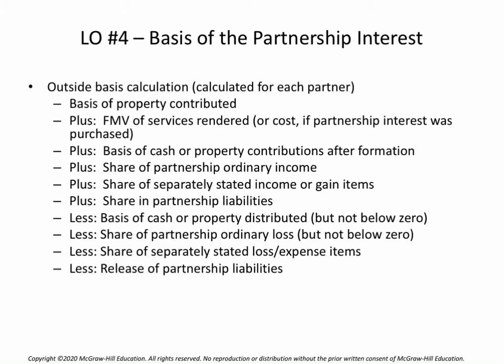We're also going to subtract out a release of partnership liabilities. In the same way that if the partnership assumes liability from another partner, we might get an increase in basis, if it's assuming the liability we had over the property, that's going to decrease our basis. And we'll also subtract the share of separately stated losses and expenses, similar to how we would subtract the share of partner ordinary losses.